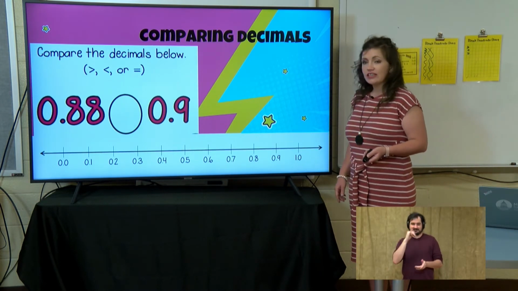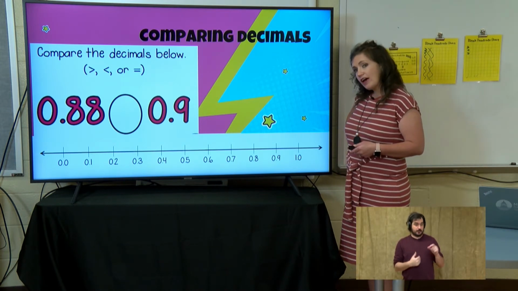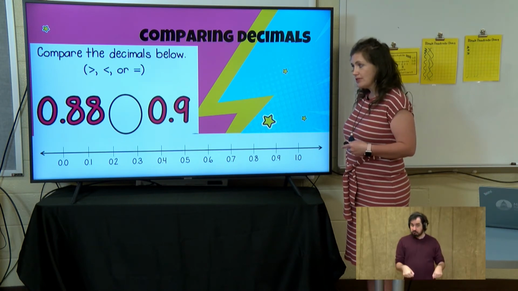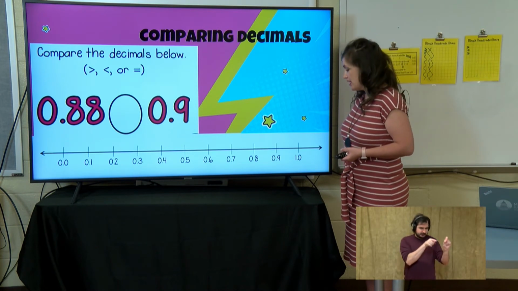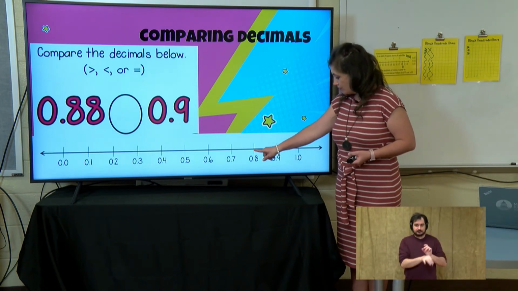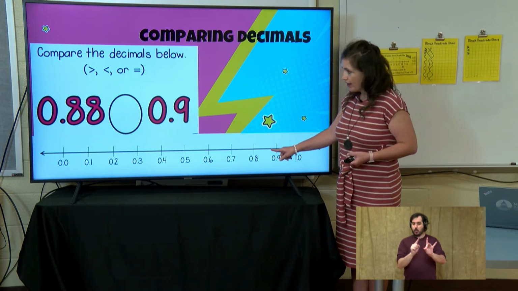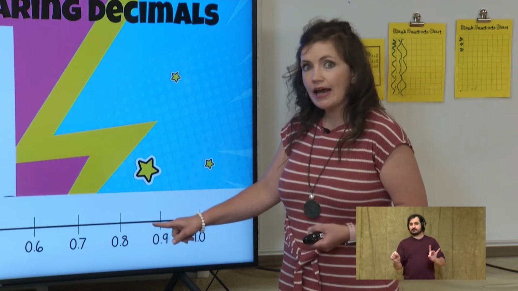All right, let's look at this one, guys. We have 88/100ths. Can you find it on the number line? Well, let's look at what number do you see in the tenths place? An 8. So let's find our 8/10ths. It's right here, so we would go 8 jumps past our 8/10ths. About right here, and that would be our 80/100ths. Then we're comparing 9/10ths.